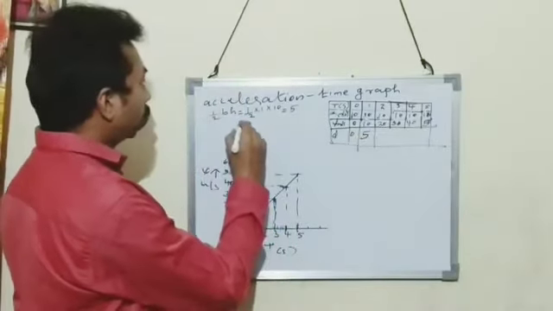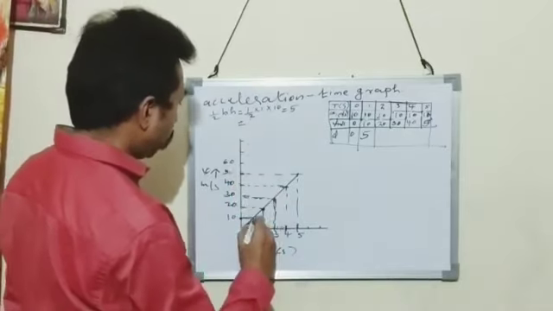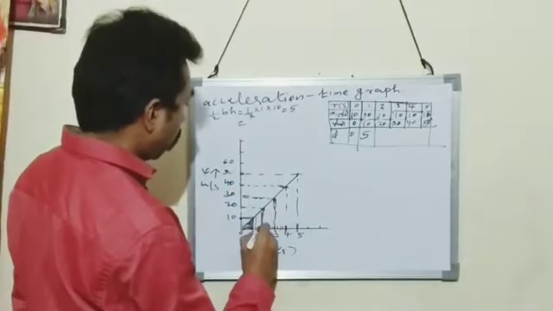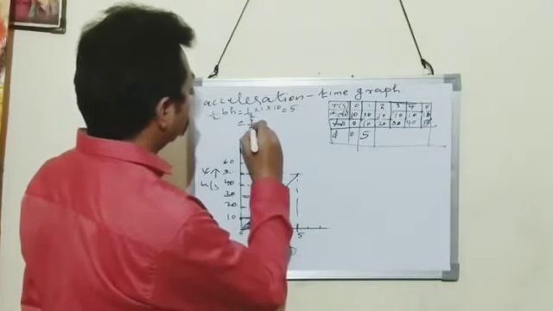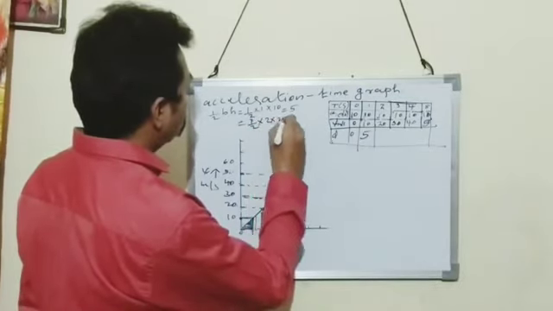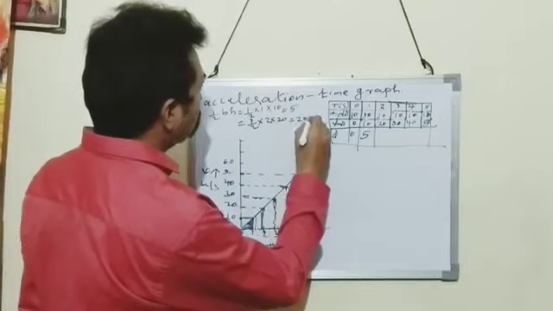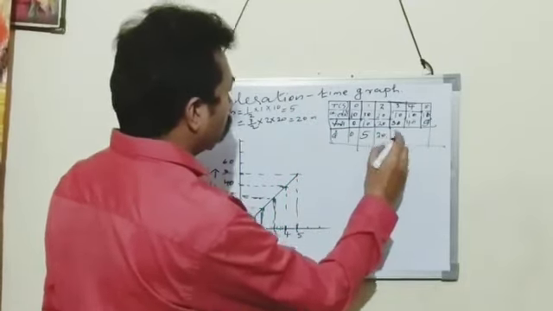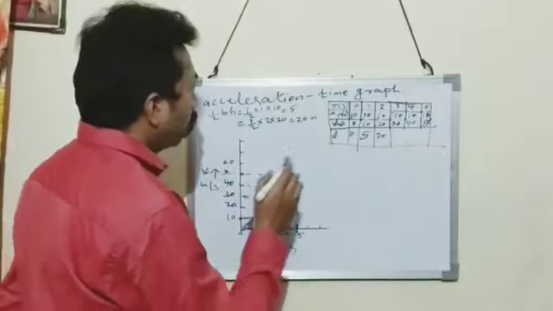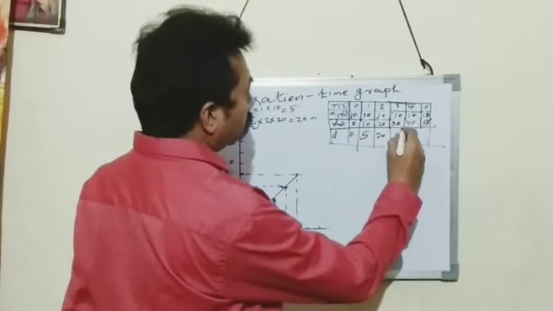Then what is the displacement in 2 seconds? You have to find the area of this triangle. Half base into height, half 2 into 20, which is equal to 20 meter. So in 2 seconds it is 20 meter. And what is the displacement in 3 seconds?